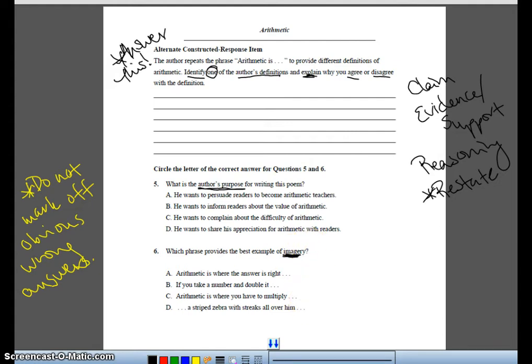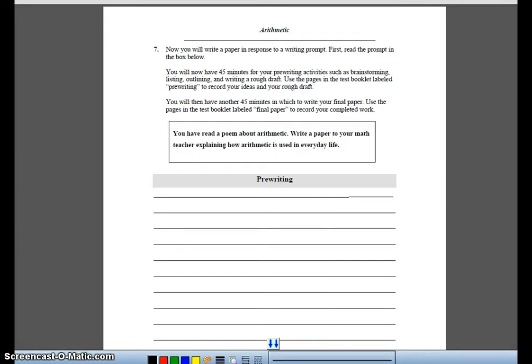The last page is your performance event, and this is really important because you are going to be asked to do something along these lines. It's not always a letter, although it can frequently be a letter. Really what we want you to know more than anything is you need to view any kind of long performance event type of thing as a writing on demand.